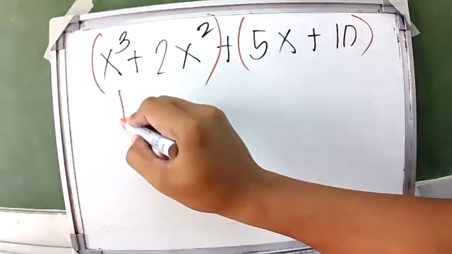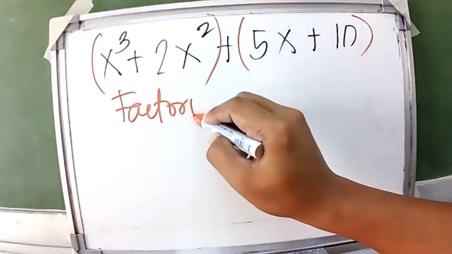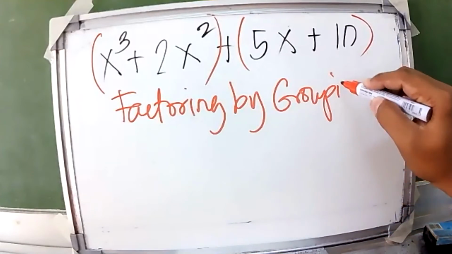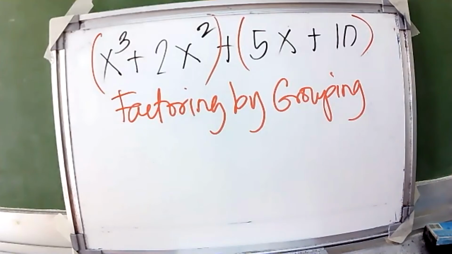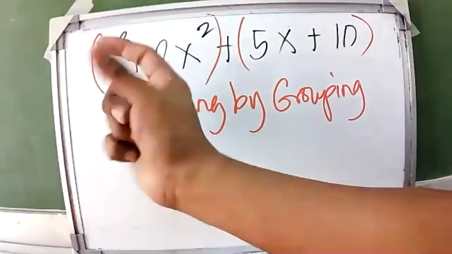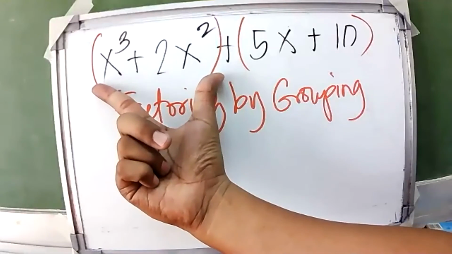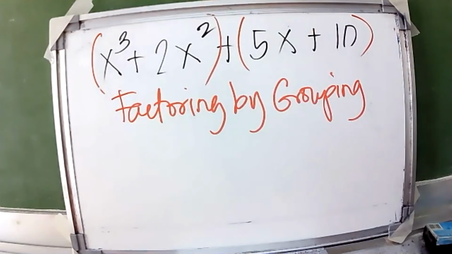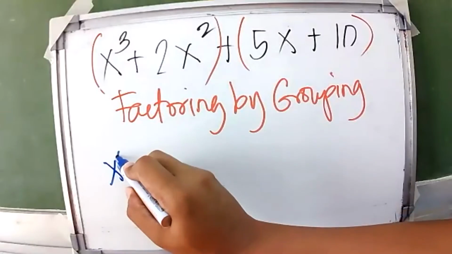Let's group them together, and this is what we call factoring by grouping. Okay? Now that they're together, in the first group, do you see a common factor? What's the common factor? x squared. We have x squared. Very good. So we can write x squared here.